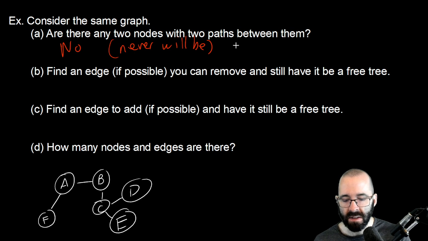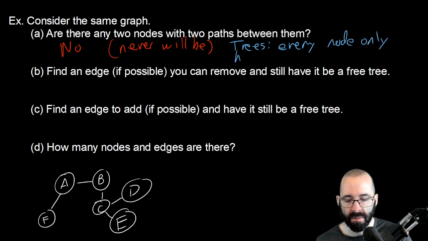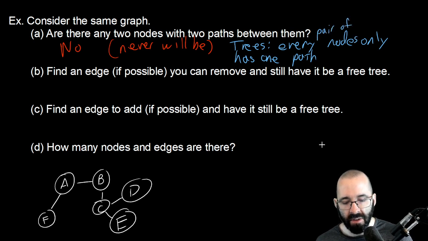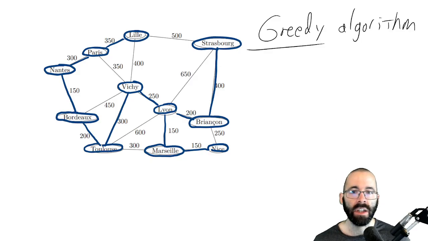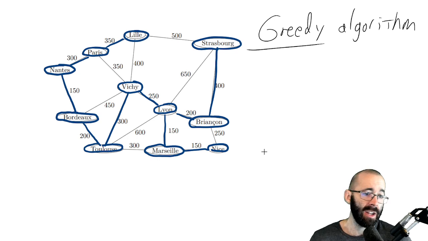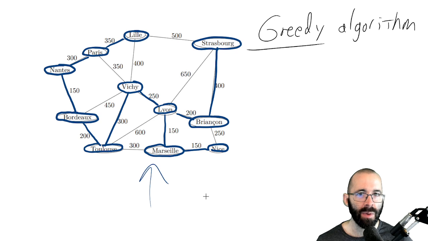Specifically, trees have the property that every pair of nodes has only 1 path connecting them. That's true for all free trees, and it's true here. Any 2 nodes in this supply line, there's only 1 way to get there. That makes sense, especially in the context of this algorithm. We wanted the cheapest thing, so we don't want redundancies.